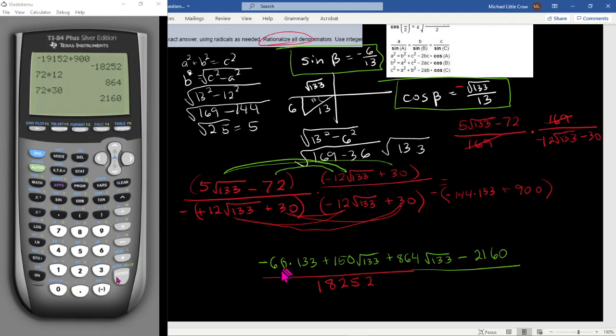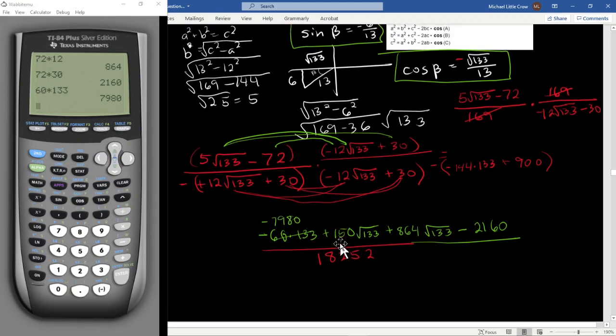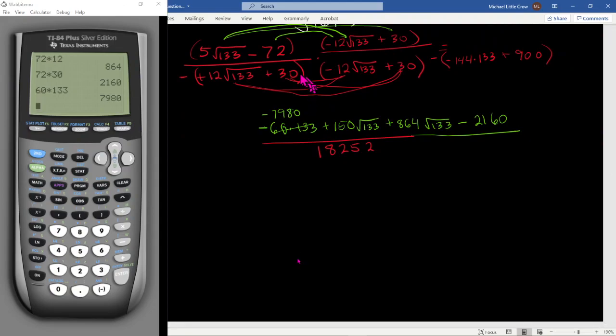Let's go ahead and do the 60 times 133. It's a negative 7980. Okay, so we took care of that. So combining, we've got negative 7980, negative 2160. We can add those together because they're both negative, so we become more negative.